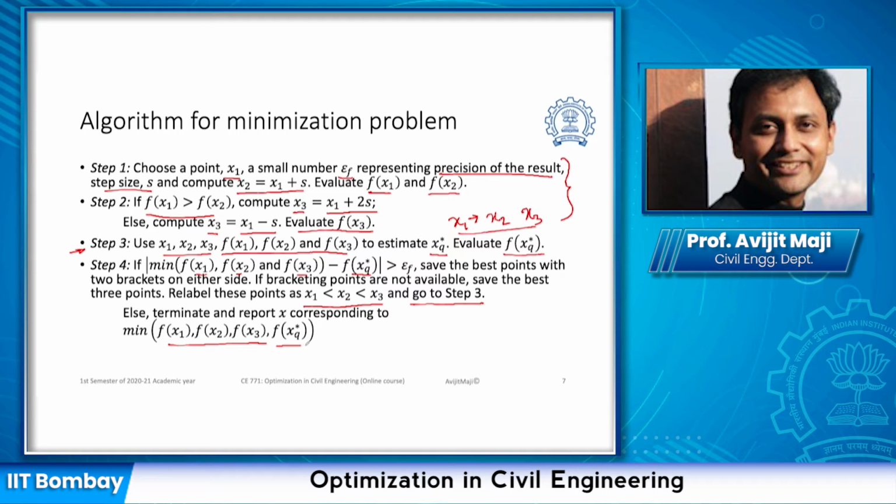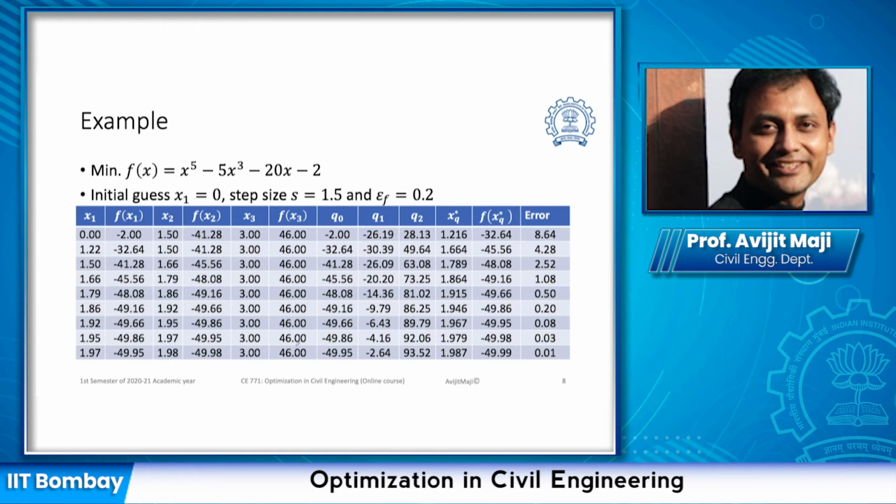for our answer. Now let us look into an example where we can show how this method works. If you recall, we used this particular function in our earlier methods, and in this case our initial guess point starts at 0.